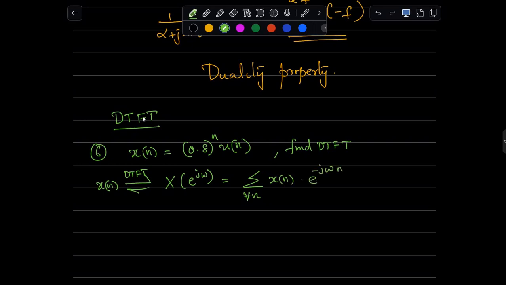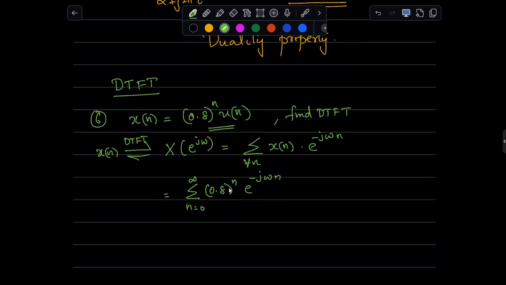This signal starts from n equal to 0 and goes to infinity, so it becomes the summation from n equals 0 to infinity of 0.8 to the power n times e power minus j omega n. We don't need to write u of n again because the signal runs from 0 to infinity.